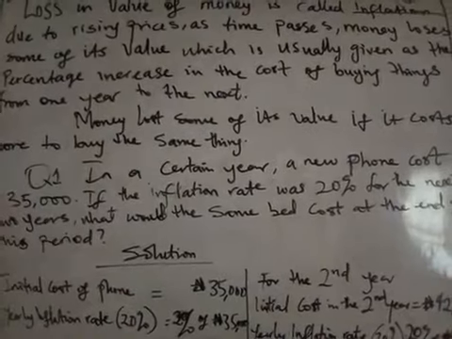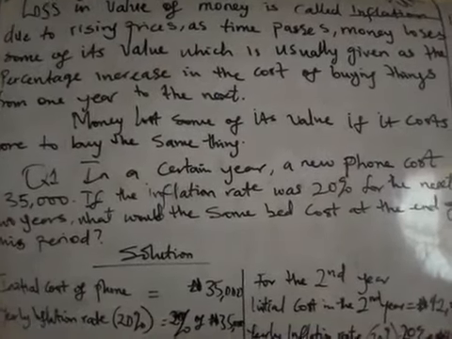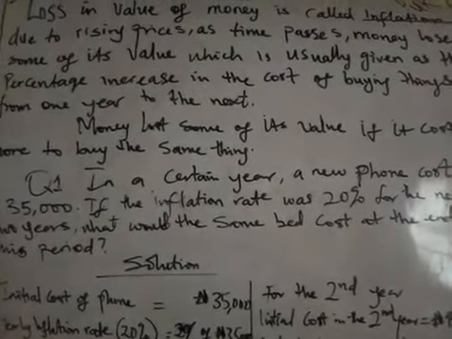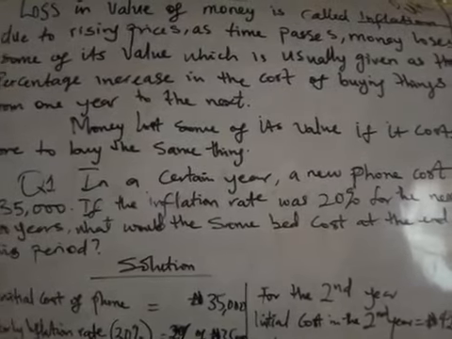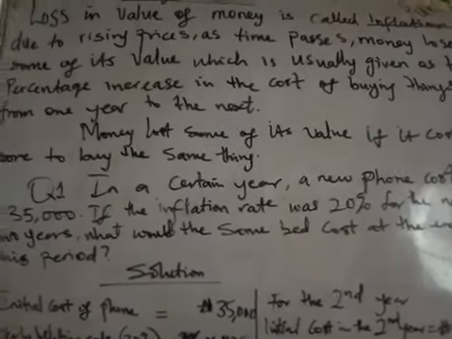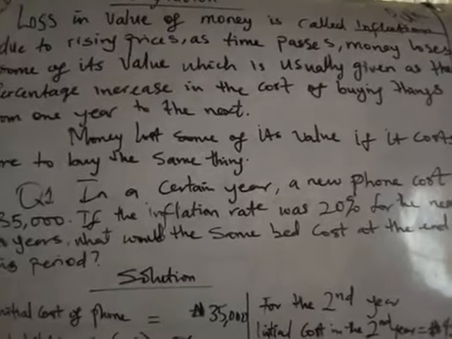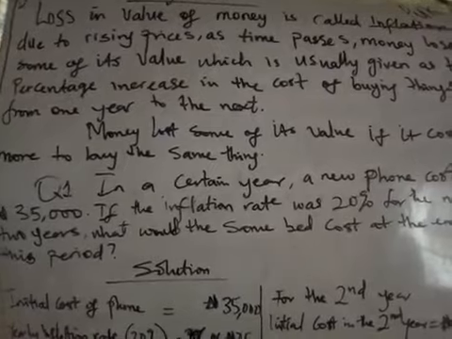Let's say, for example, in 2011 you got a phone for 20,000 naira. The same phone you now get for maybe 60,000 naira. You can see the percentage increase in the value you are placing on that commodity.